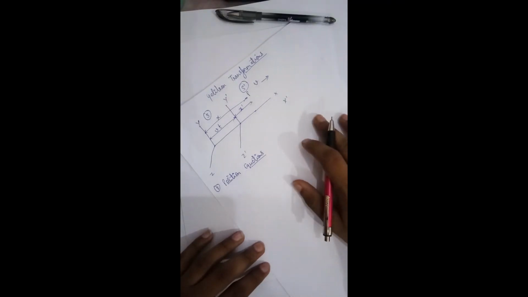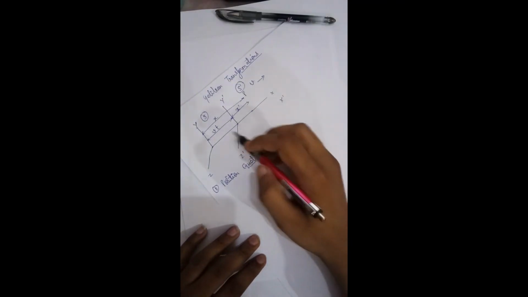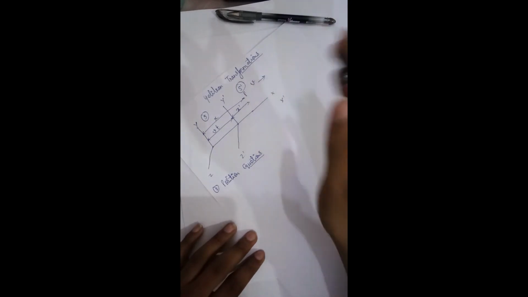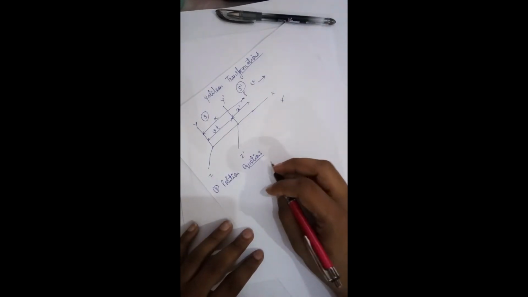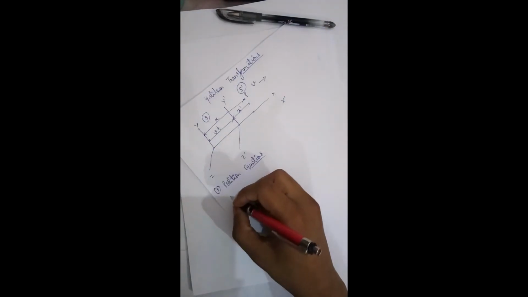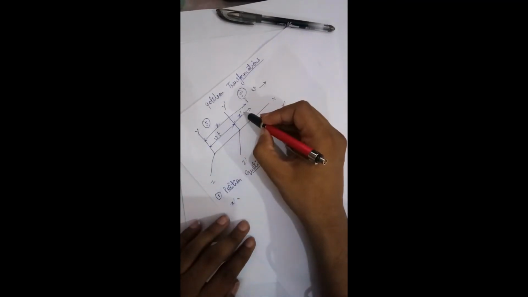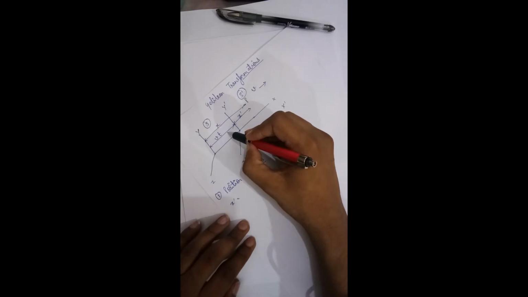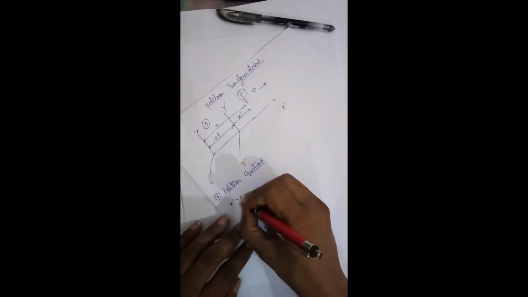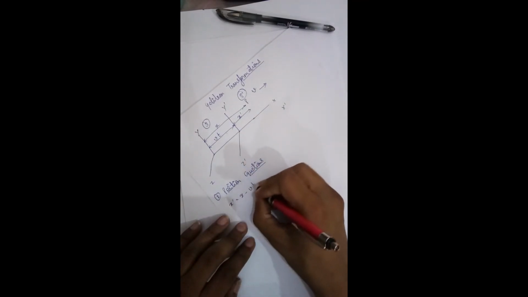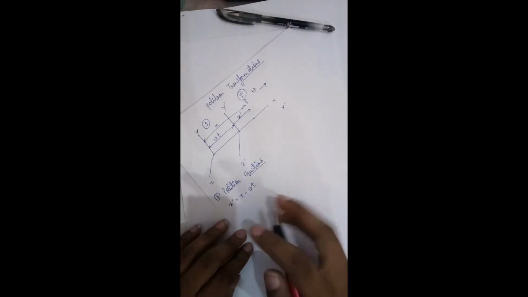Therefore we obtain position coordinates from S to S dash as follows. So x dash is equal to x minus vt, as we can see from the diagram. So x dash equals x minus vt, right?